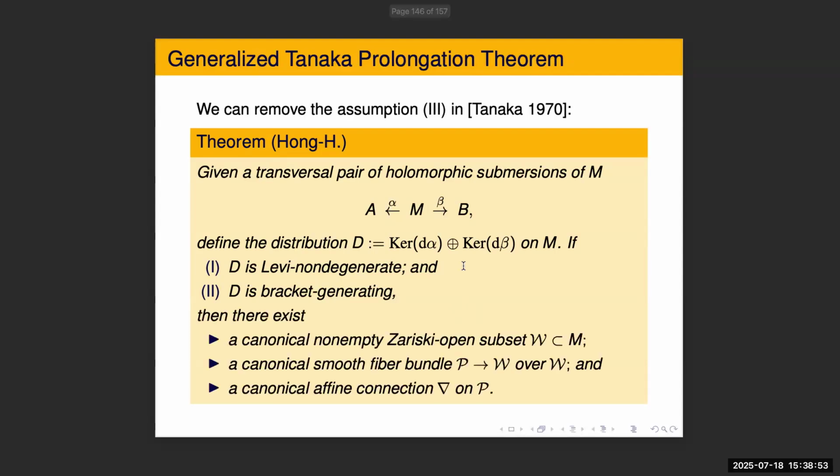And still you can obtain all the results Tanaka proved: a canonical Zariski open subset and canonical smooth fiber bundle with a canonical affine connection. So in some sense, this is our main result. And the convergence is sort of an application of this result.